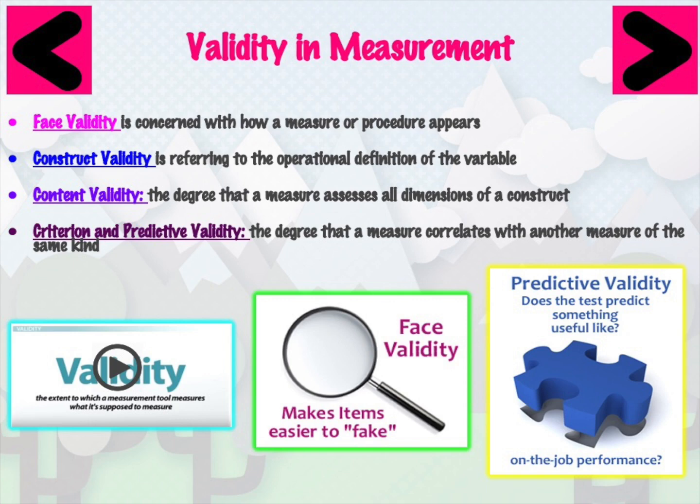We do want our measures to look good. In other words, our questionnaires should look professional so that people take our questionnaires seriously. However, face validity can cause us to assume that a measure is valid when it isn't.